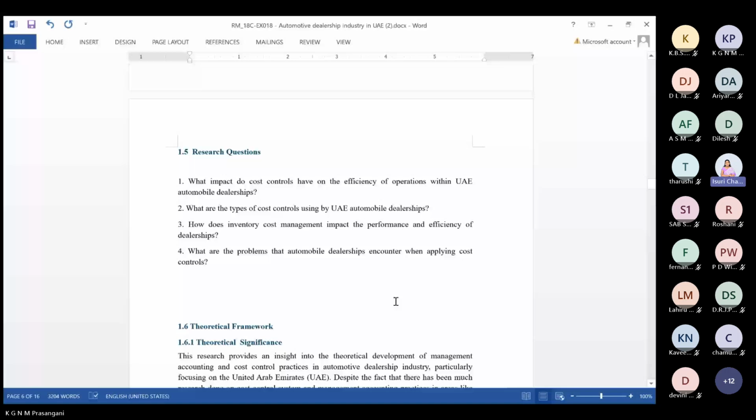What is the impact of cost control on efficiency of operations within UAE automobile dealerships? You replace it like that. Second question, okay.